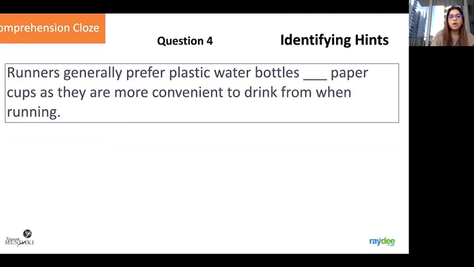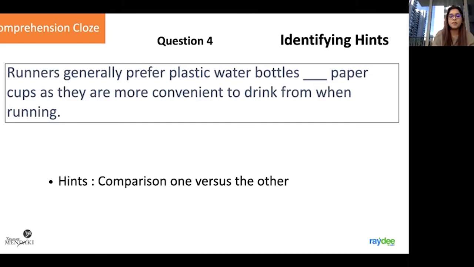Question 4. Runners generally prefer plastic water bottles, what, paper cups, as they are more convenient to drink from when running. So you coaches must direct the students to understand prefer. Prefer doesn't mean you don't like one thing and you like the other. No, prefer is just that you like both of these things, but you prefer one more than the other.